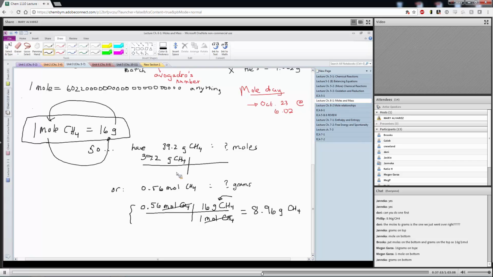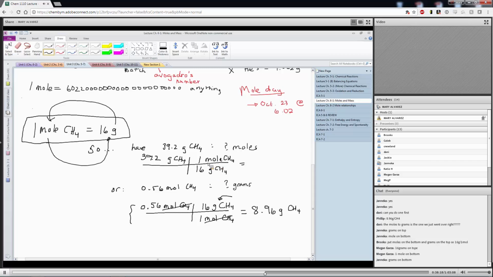Okay, so here's 16 grams of CH4. And therefore, the moles go on top. That's the number of grams in 1 mole of CH4. And since 16 grams is the same as 1 mole, this value equals 1.